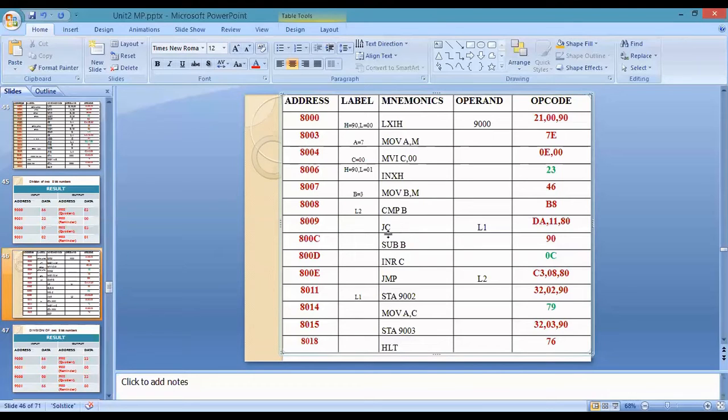So since A is greater, SUB B. A is equal to 7, B is equal to 3. So 7 minus 3 is equal to 4. The first A value is 7, and after subtraction, it becomes 4. Now you have to increment the C register. Already the C register is 0, it will become 1 now.